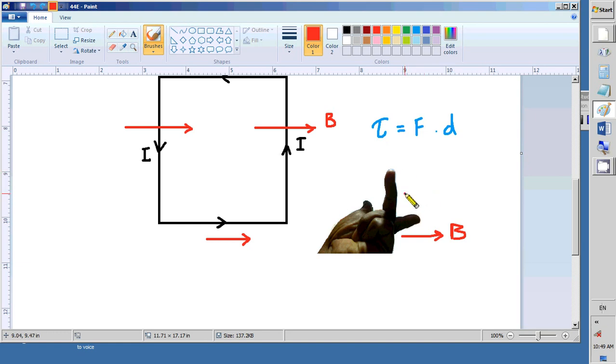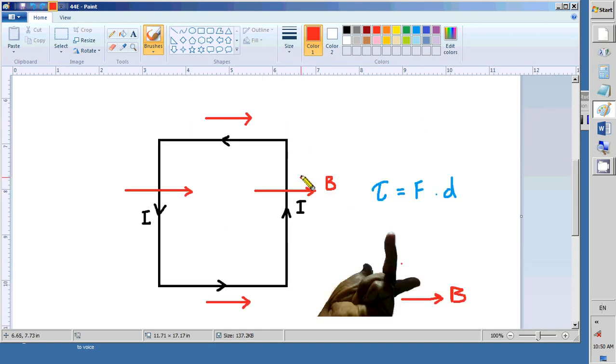We are given the direction of current is towards this way. So we have to rotate our hand, keeping this one constant, so that this center finger points towards the direction of the current.